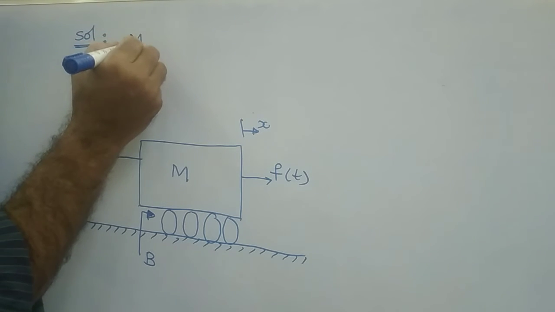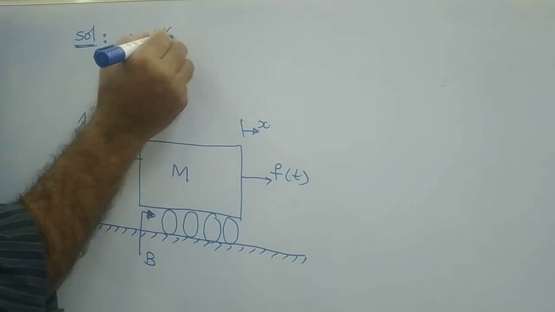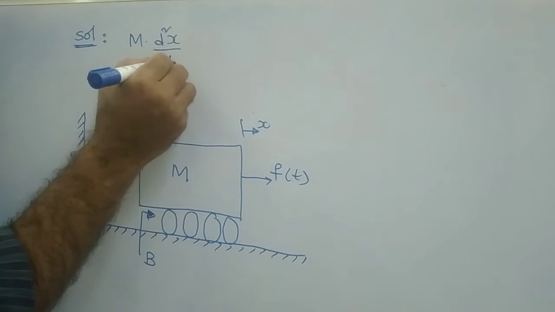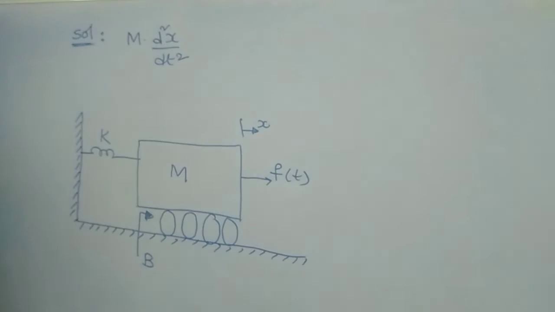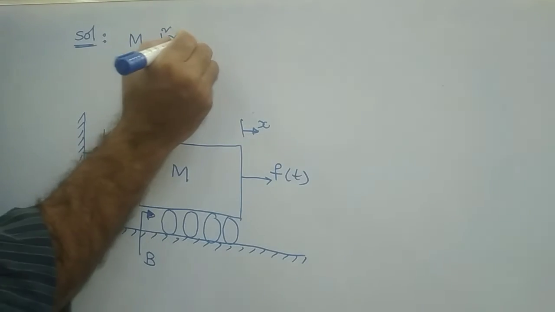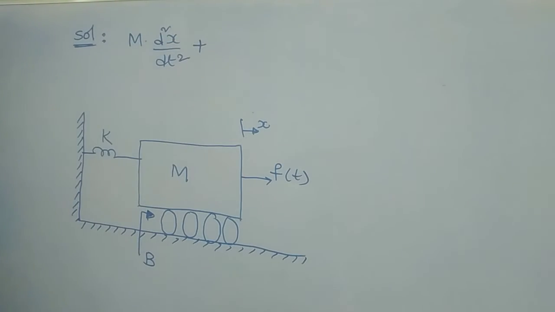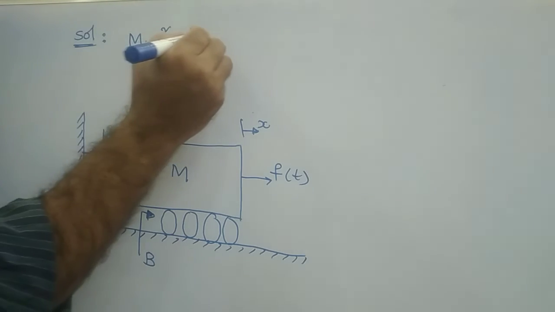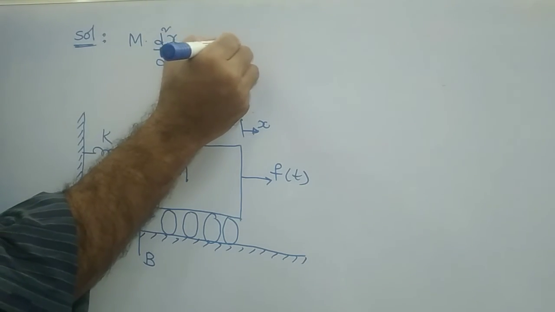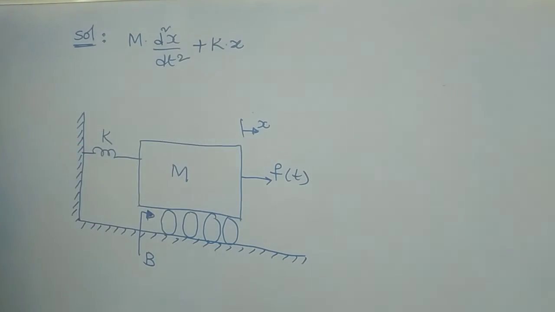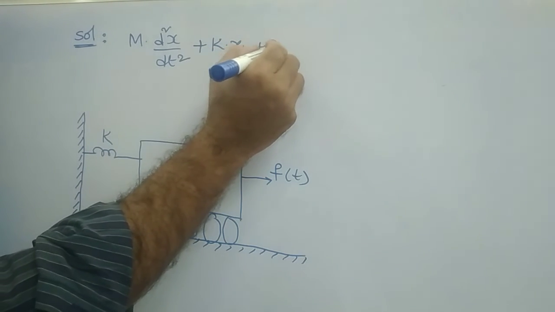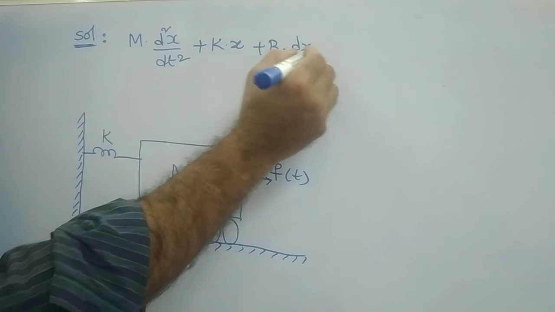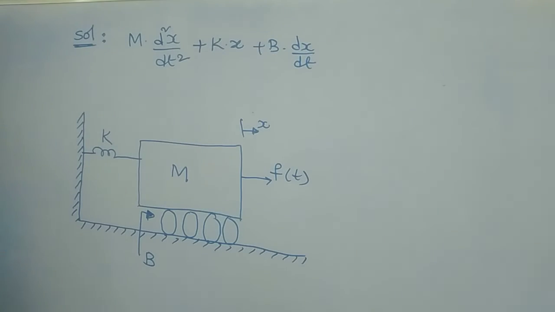So M into d square x by dt square, because only X is given, only one block, that is why it is X only. M into d square x by dt square plus, this is a spring constant, so it is K into X. Then B, if you consider B into dx by dt. Clear?